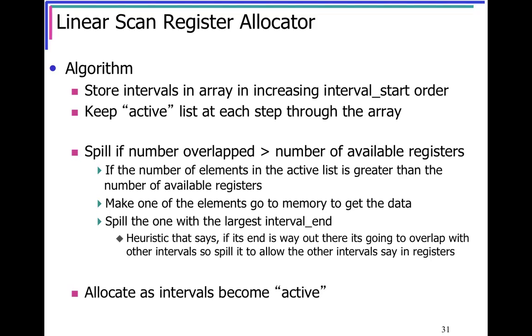So I just take the last one on the list, and it's guaranteed to have the largest interval end, and we'll spill that one to memory, and we'll insert spill code for all of the instructions that follow this instruction to read in that value into a temporary register so we can perform the operations on it going forward.